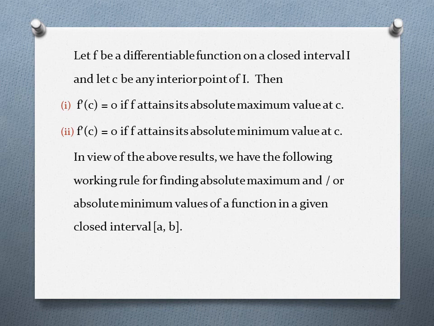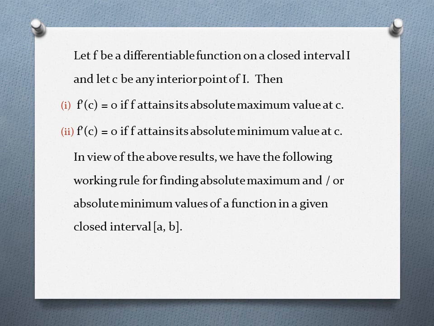Let f be a differentiable function on a closed interval I, and let C be any interior point of I. Then we have to find out absolute maximum or absolute minimum.